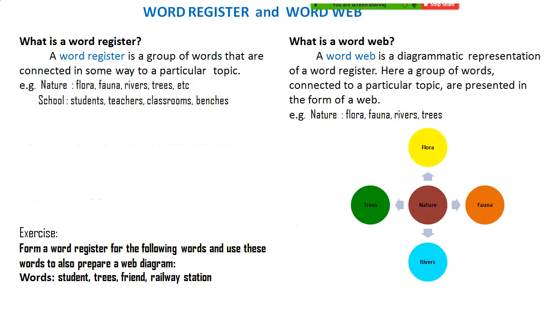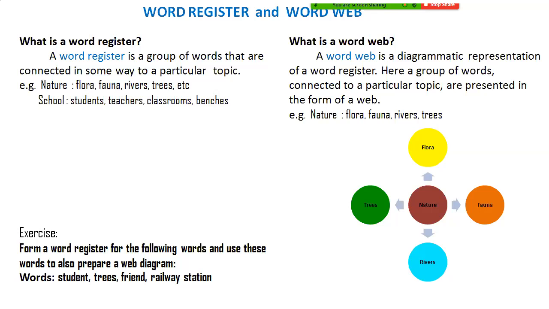We move on to the next topic in word building, that is word register and word web. Now, what is a word register? A word register is a group of words that are connected in some way to a particular topic.